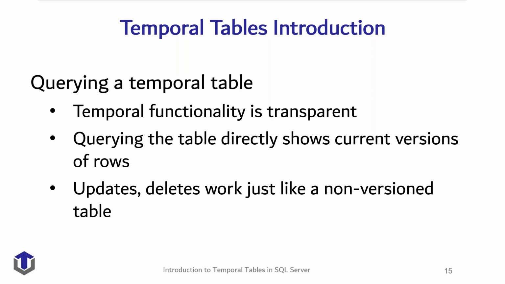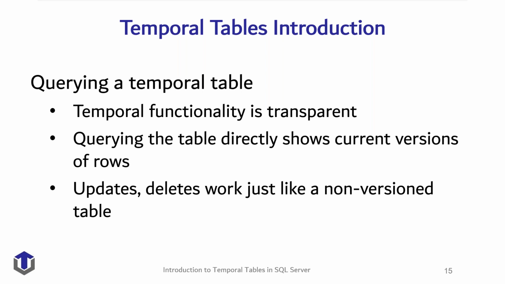Now, when you're doing that, as far as getting the results back, that works just like a regular table in that it shows you what the data looks like right now. You're actually not hitting the history table at all whenever you're doing a regular query against the table. That will show you the current versions of those rows. Same thing with updates and deletes, or inserts for that matter. The syntax is exactly the same.